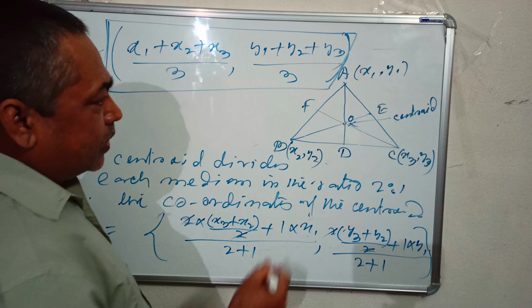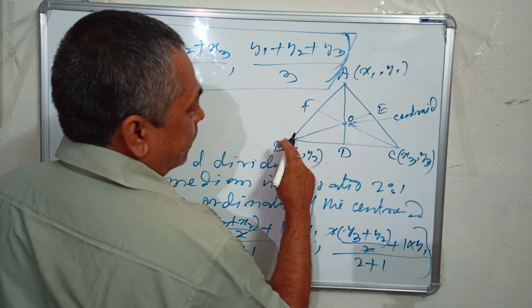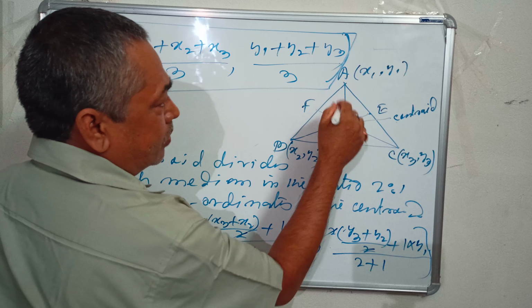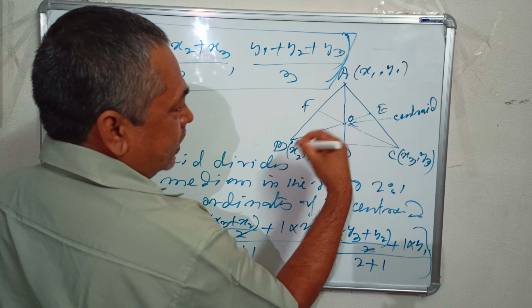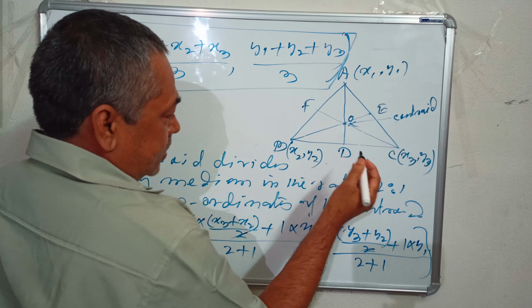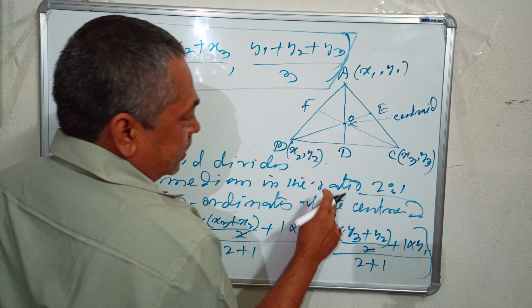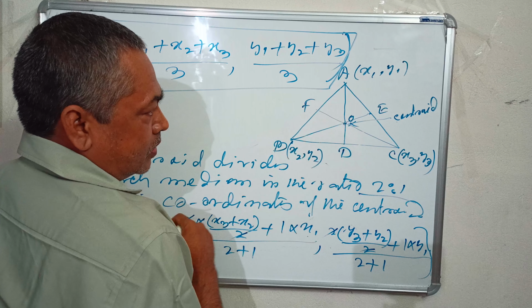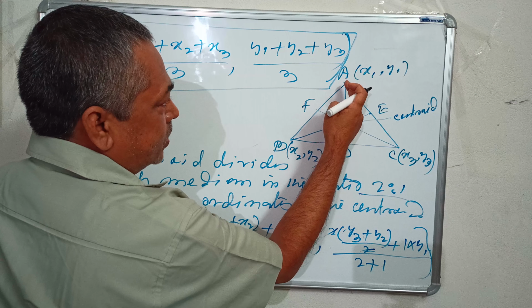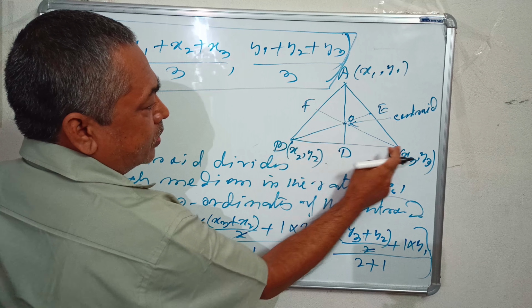Once again, what is the centroid? The point of concurrence of all three medians of a triangle is called the centroid. The centroid divides each median in the ratio 2:1. What is a median? The line segment joining any vertex to the midpoint of the opposite side.